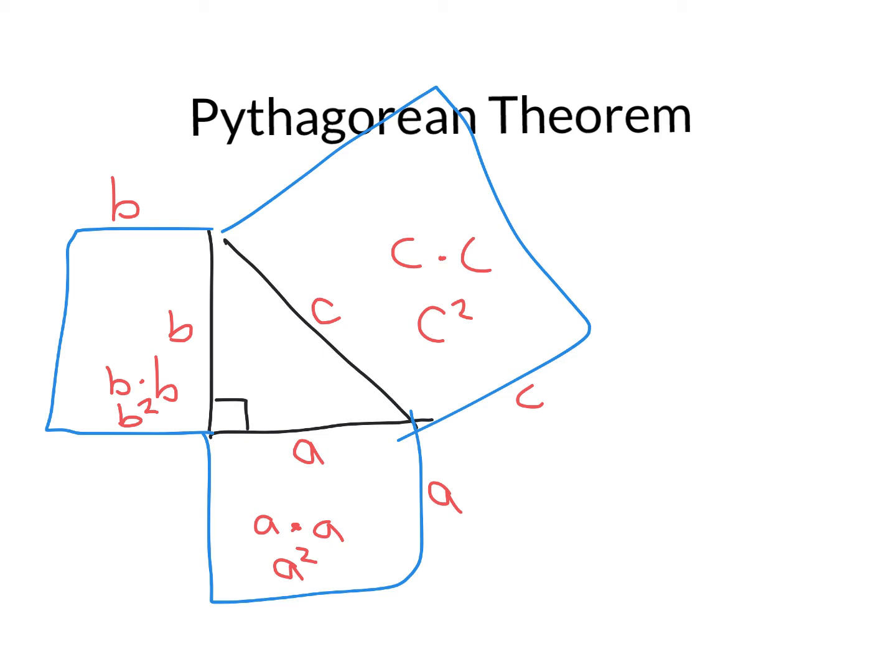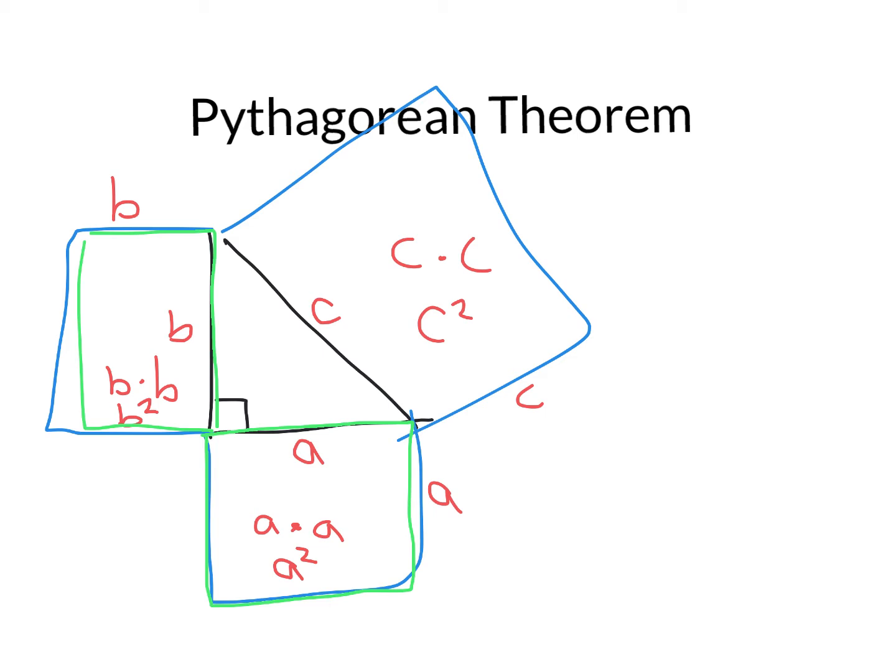So what this water demo shows is this, let me change colors here. So this square is filled with water, and the area of that square would be A squared. And this square here is filled with water, and the area of that square would be B squared.